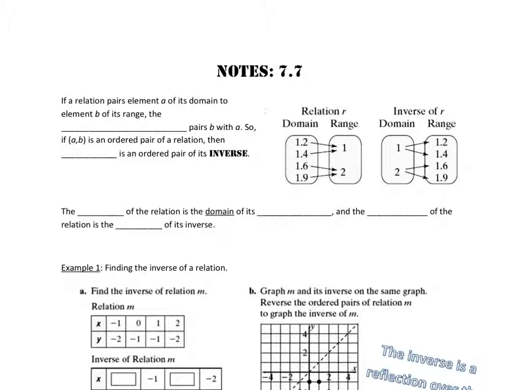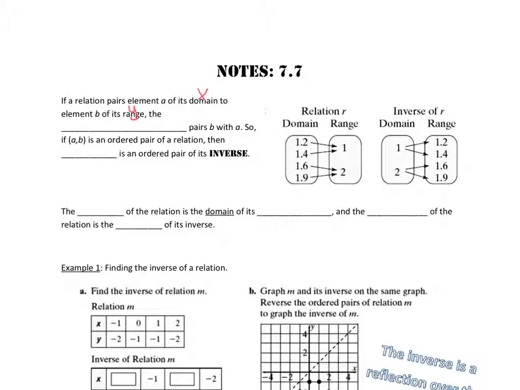If a relation pairs element A of its domain, is domain X or Y? Domain is X. Very good. To element B of its range, which is Y. The inverse relation pairs B with A, so it does the opposite.